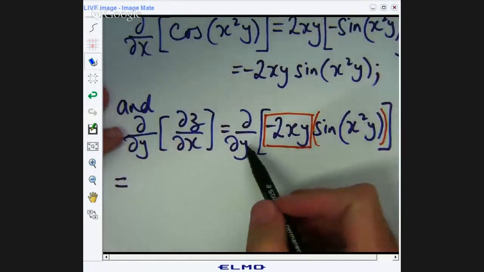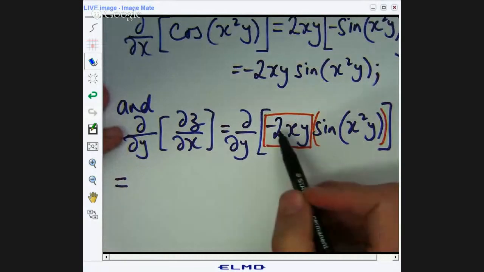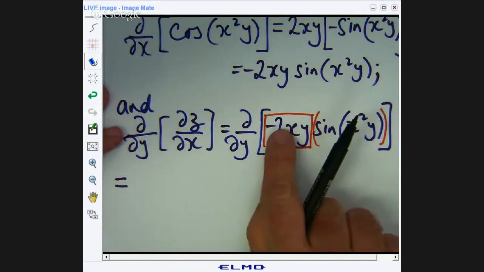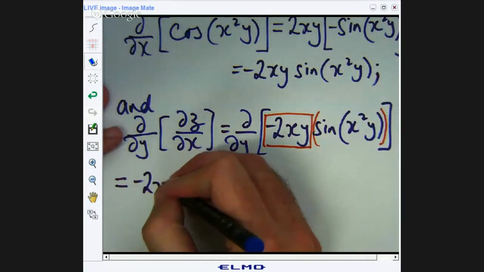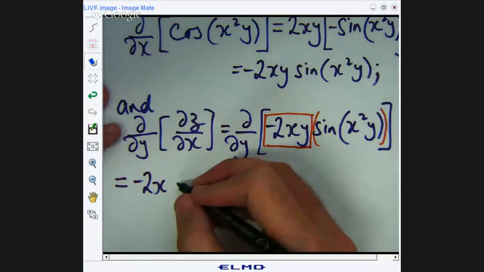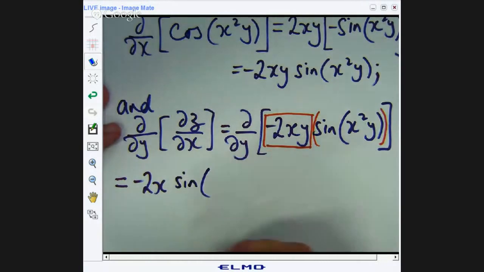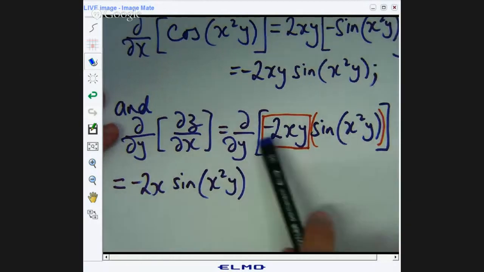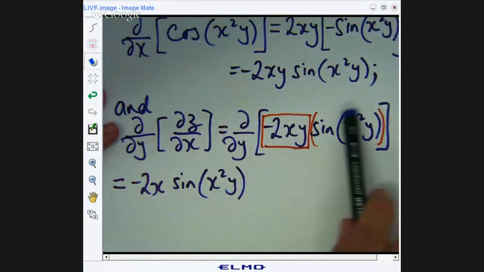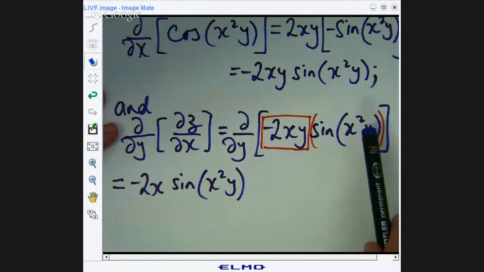So the derivative of this, if I differentiate negative 2xy with respect to y, I imagine the x is fixed, and differentiate with respect to y, I'll get negative 2x, and I times that by the other function. And now I need to multiply this function by the derivative of this. Now, again, we can save time.